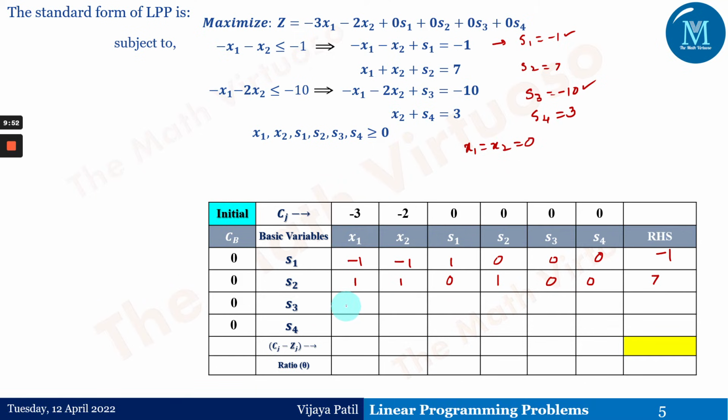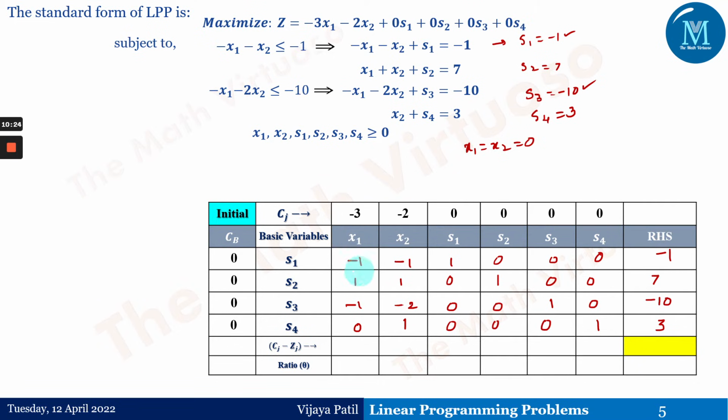Then the third constraint: -1, -2, 0, 0, 1, 0, and -10. Then the fourth one: we do not have any x1 in the fourth constraint, so it is 0, 1, 0, 0, 0, 1, and it equals 3. So this is how we transform the constraints into the tabular form.